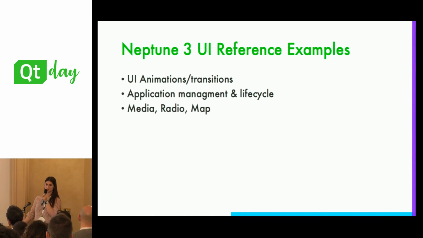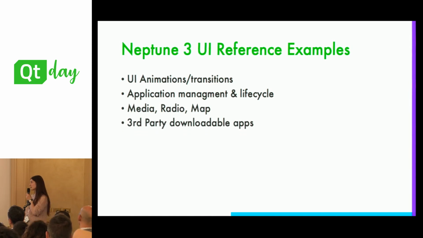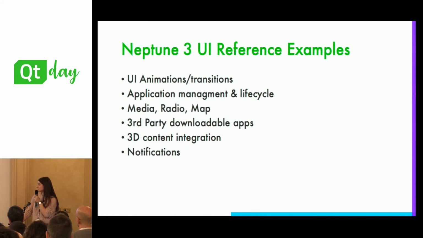The map application is using the Mapbox plugin. And we also have a radio sample application. Third-party downloadable apps, so Netflix and Spotify can be downloaded and rendered in the UI. We have the 3D content integration. It has a framework for notifications and pop-ups, and many other things.